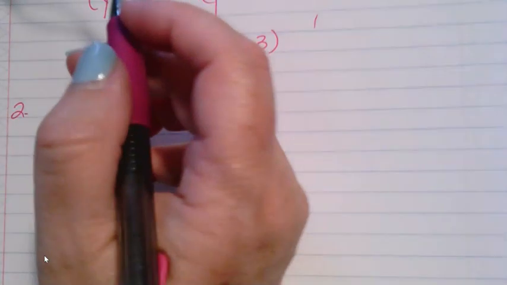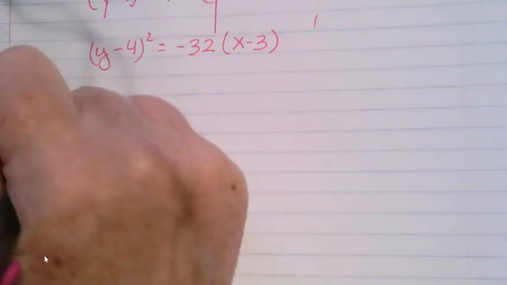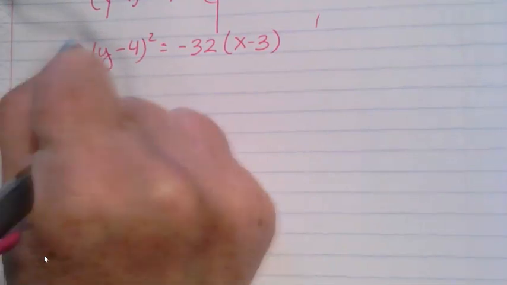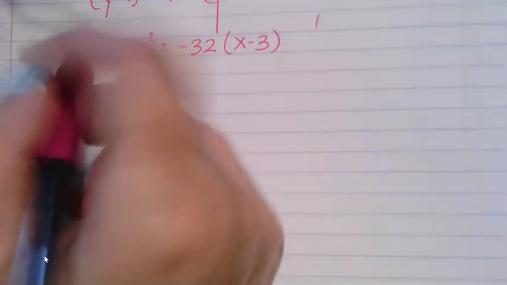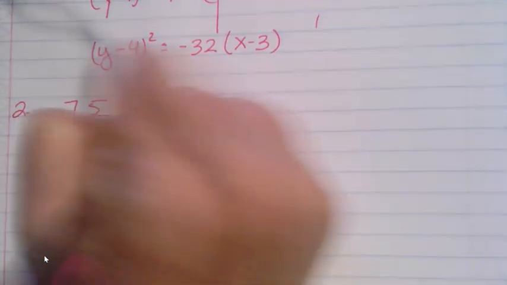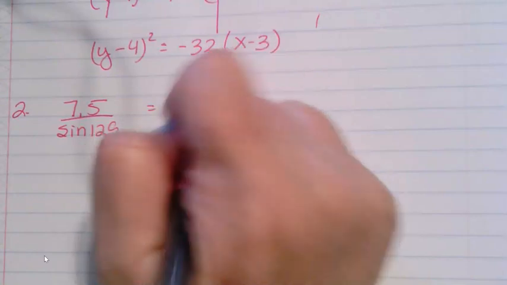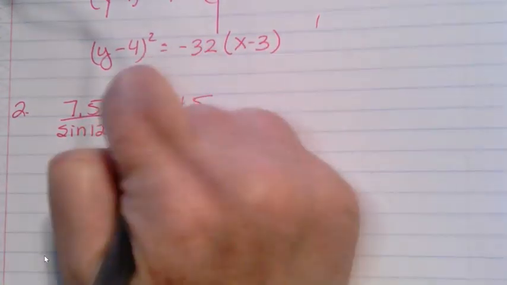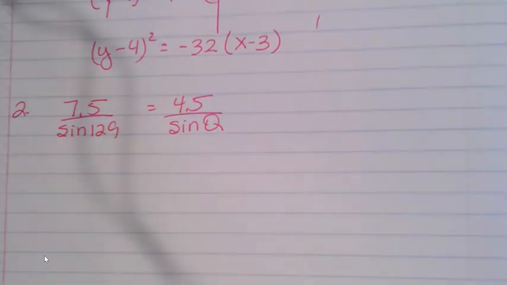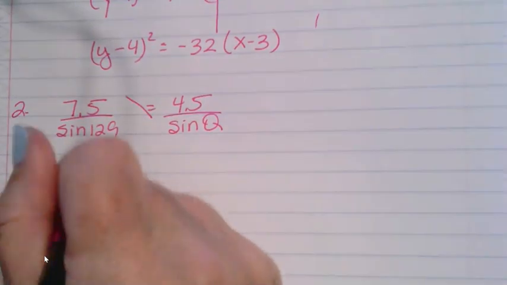Okay, so I know all of ours, so I'm going to have to use the law of sines equation. And I don't know Q, so 4.5 sine of Q. Can you relabel the triangle to ABC? Absolutely. So cross multiply.